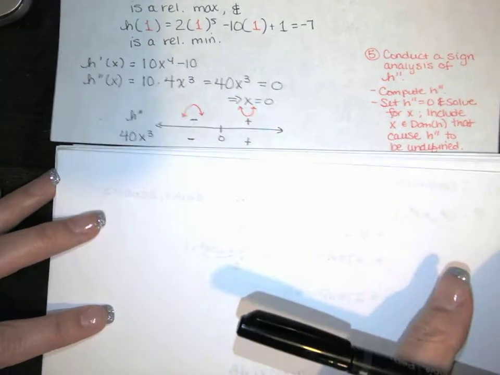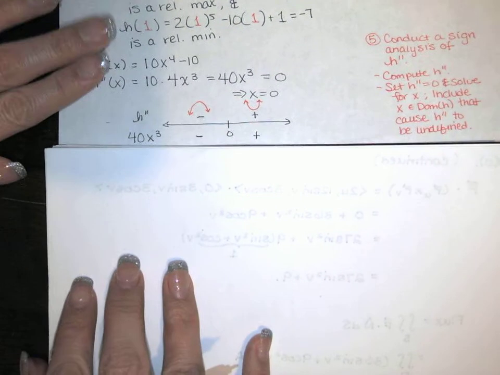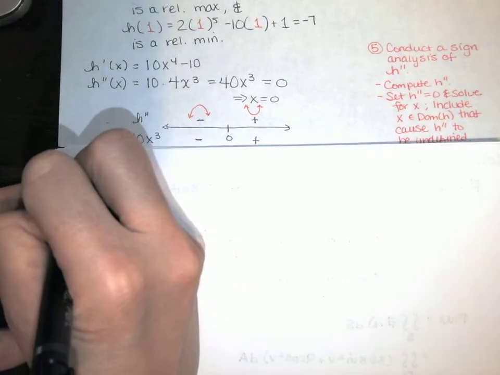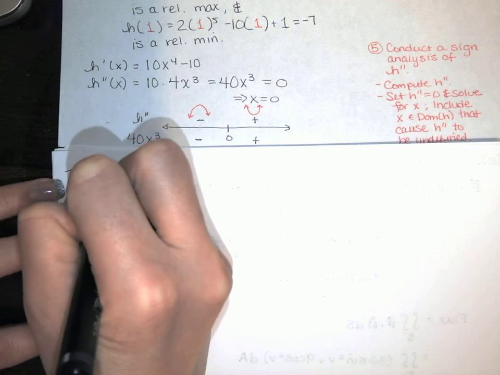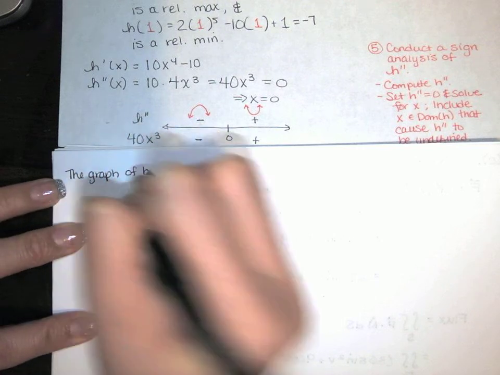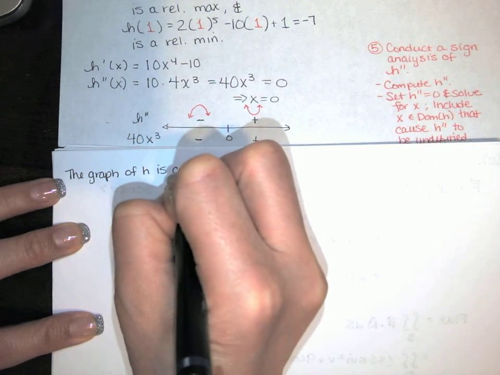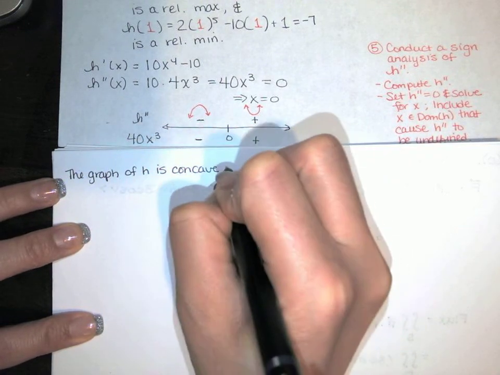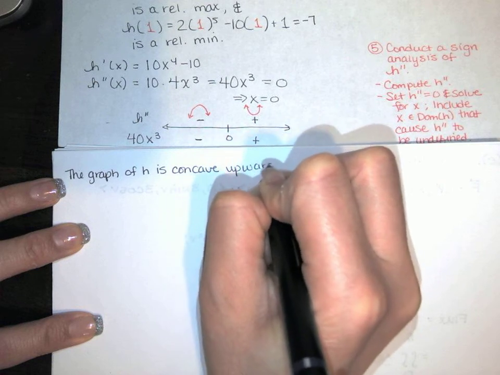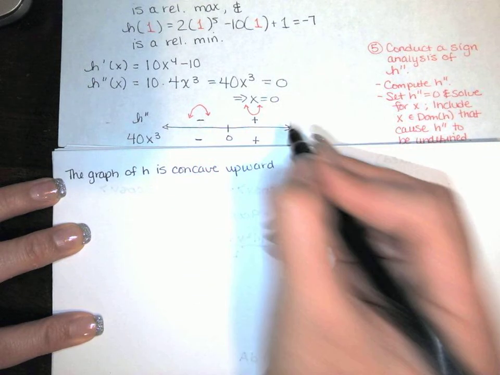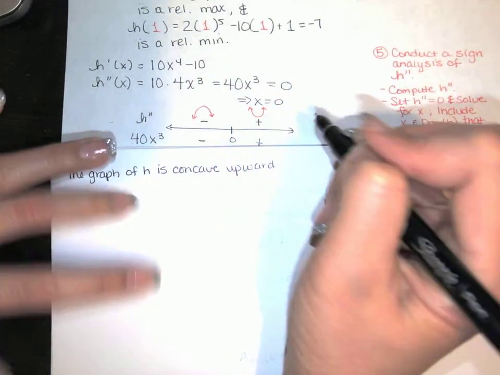So the graph of the original function h is concave upward on 0 to infinity, because that's a number line.